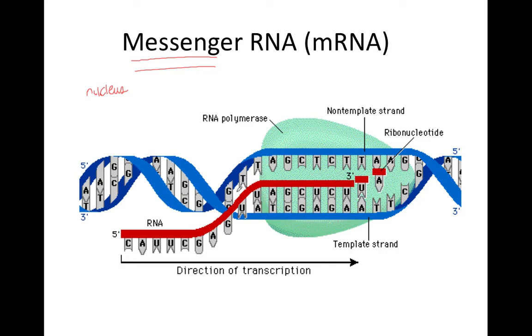So this is the messenger RNA, and it's single-stranded, and it is largely based on the sequence of your DNA, and it is this mRNA that goes out of the nucleus to go to your ribosome, so that whatever message it contains can be made into a protein.